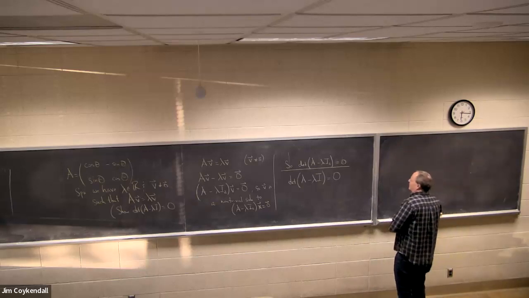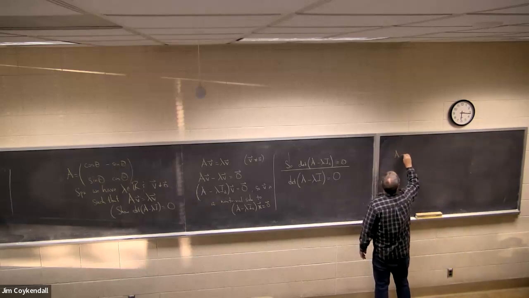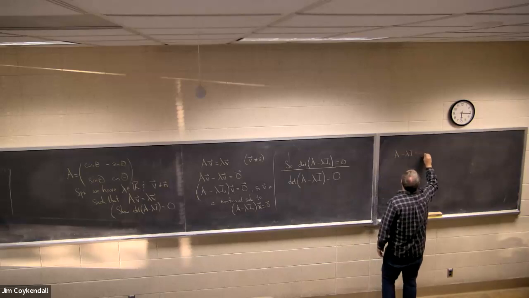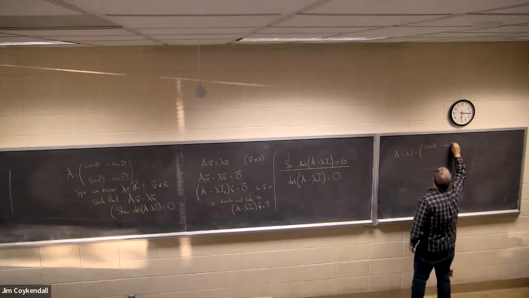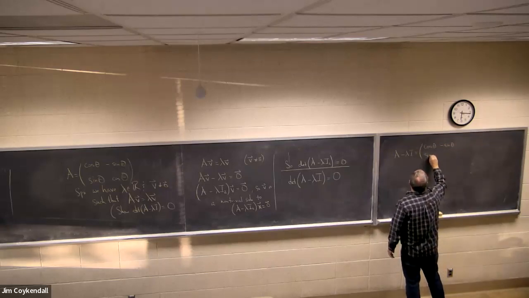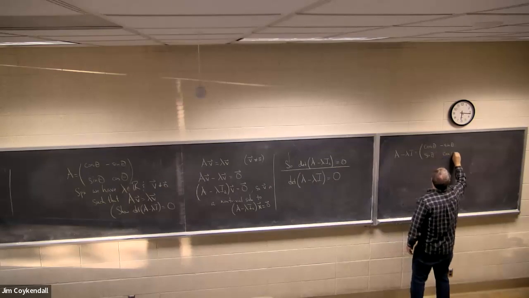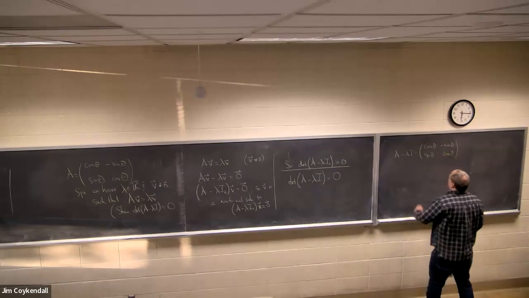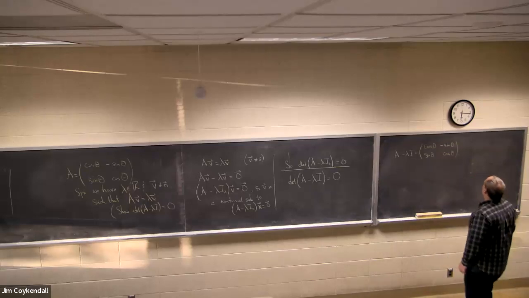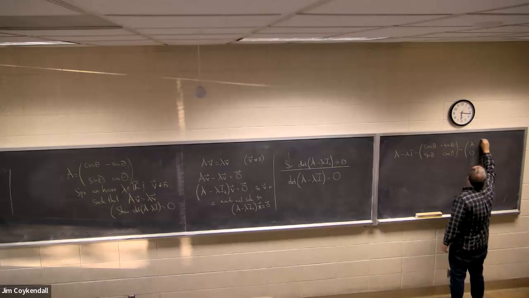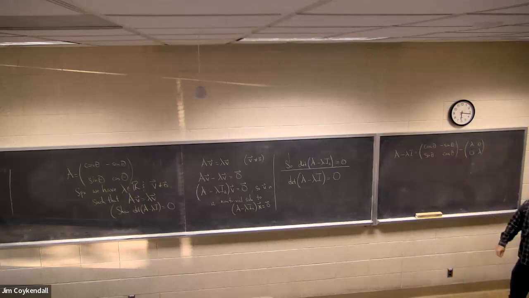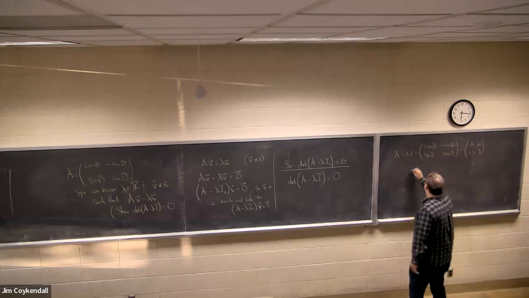My vector here is, there's my A, and there's my lambda I. Agree? And I subtract them, so I get one big fat matrix.